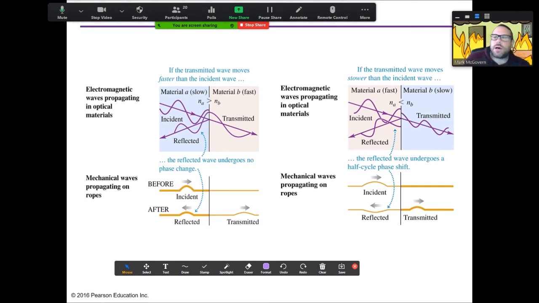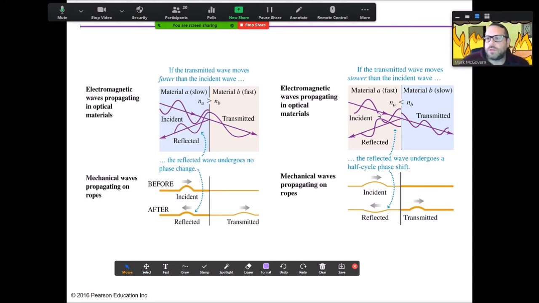Well, it turns out that when light hits a boundary between two different indexes of refraction, we have phase changes that occur. When light goes from a higher index of refraction to a lower index of refraction, there is no phase change. It's like having an open end.